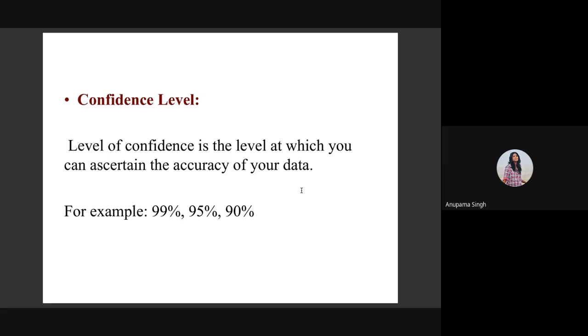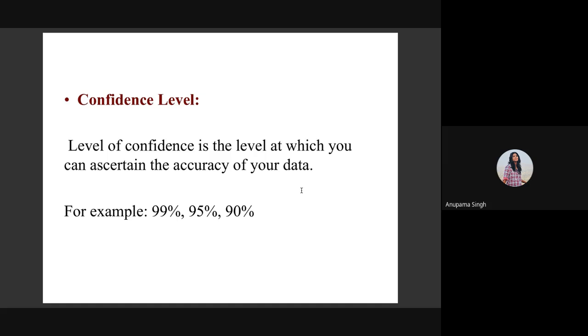Which means only 1% of the data is there of which you are not certain, and that 1% might be incorrect because of various sampling and non-sampling errors, right? So 99% accuracy is not very possible in practical situations, and there are fewer studies that take 99% accuracy.